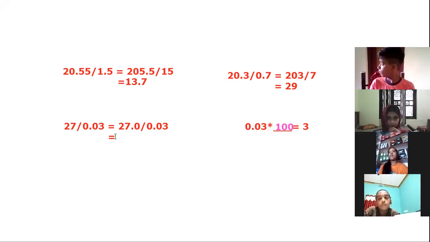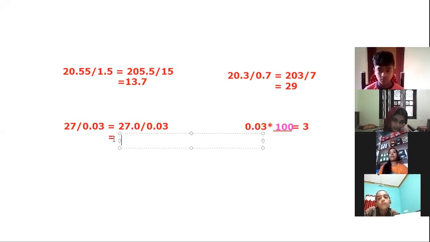Then we have to do the same with our numerator also. Our numerator is 27. So, I have to multiply our denominator with 100, and similarly we have to multiply the numerator also. Then the numerator becomes 27 into 100 divided by our denominator 0.03 into 100.